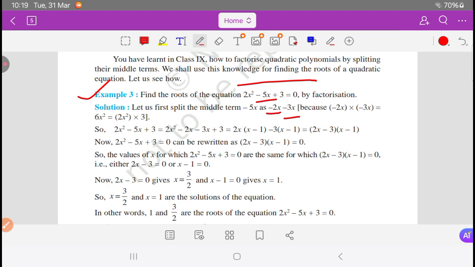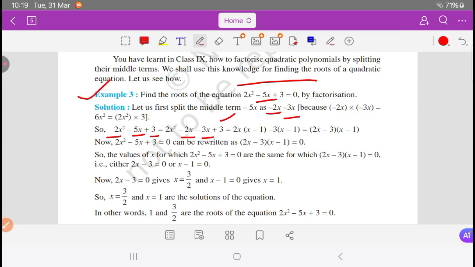So you keep the 2x square the same, and in place of minus 5x you write minus 2x minus 3x. So the equation becomes 2x square minus 2x minus 3x plus 3.